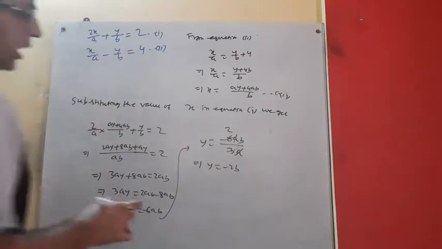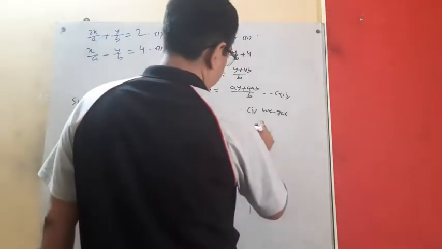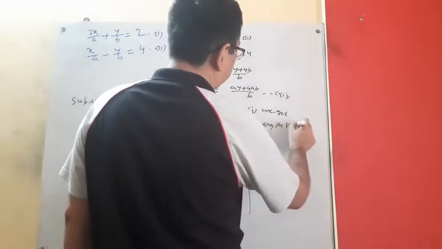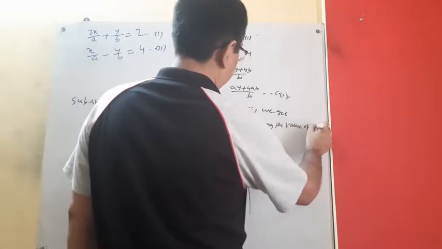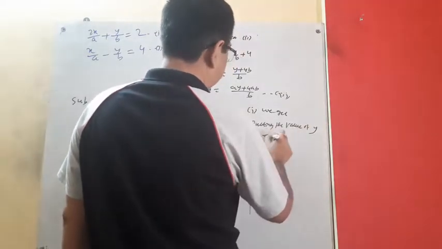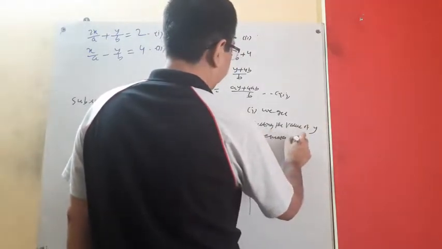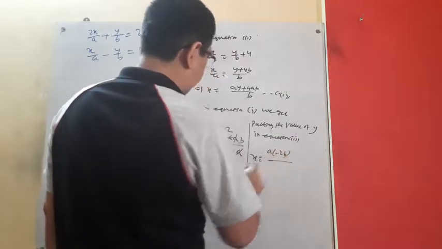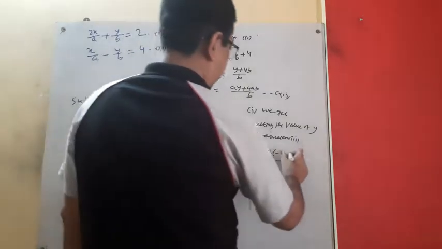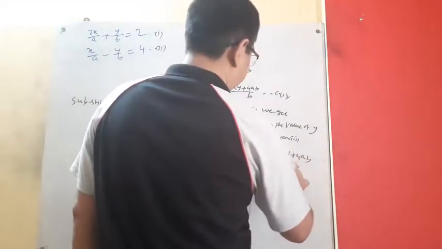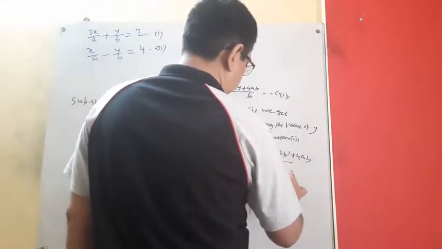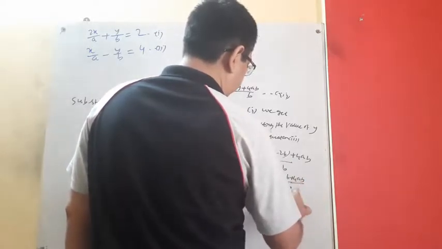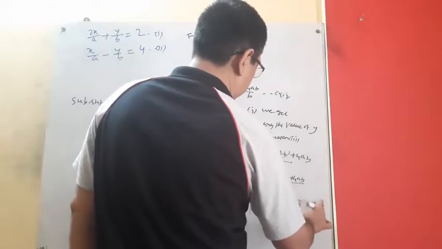Now putting the value of y in equation 3, we get x equal to a into minus 2b, because y is minus 2b, plus 4ab by b, that is minus 2ab plus 4ab by b, that is plus 2ab by b, that is equal to 2a.